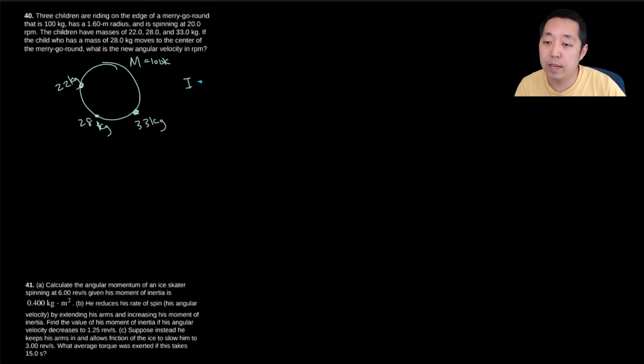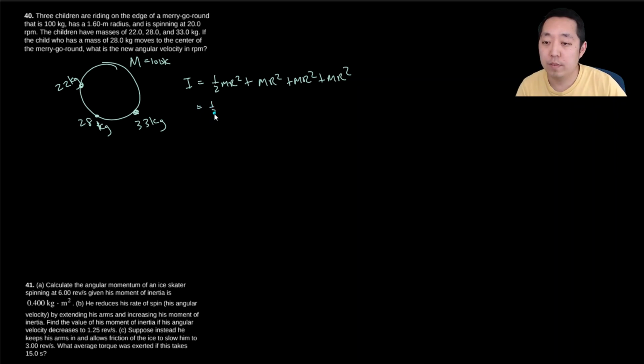So if I wanted to calculate I, for example, I would just do the mr squared. Actually, maybe I should use 1/2 mr squared technically, because you don't know. Basically, the total I is the I of everything together. I'm going to assume it's more like a disk, so the I of the merry-go-round itself is 1/2 mr squared. And then I have to sum up the mr squared for each child. This m is different for all of these, right?